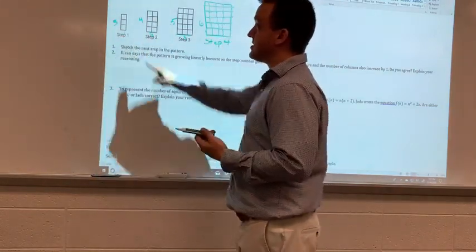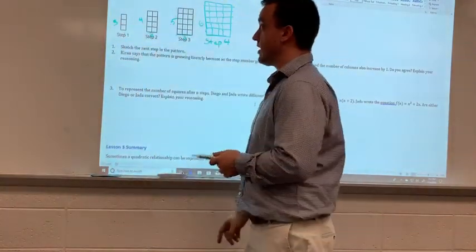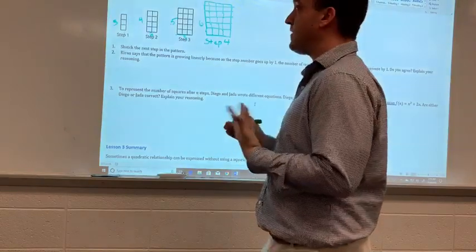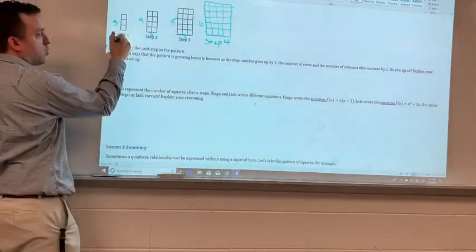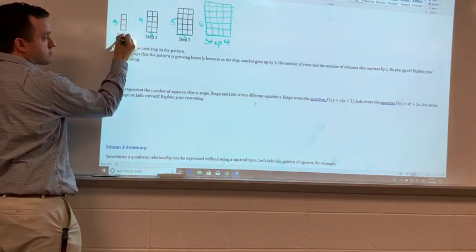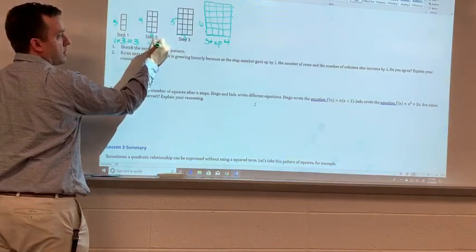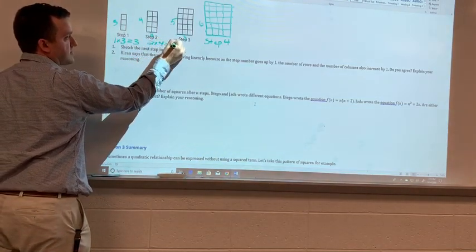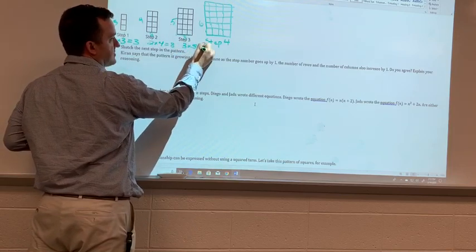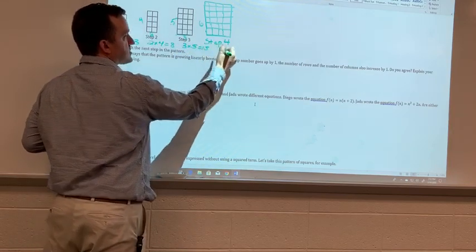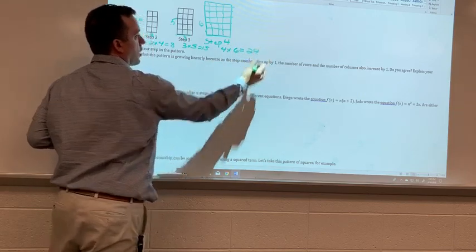I can see where he's saying for sure the height of the columns is a linear increase, but if we figured out the total area, 1 by 3 gives us 3, 2 by 4 gives us 8, 3 by 5 gives us 15 total squares, and 4 by 6 gives us 24.